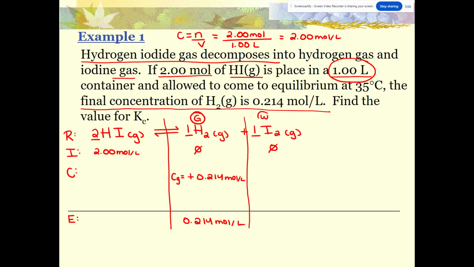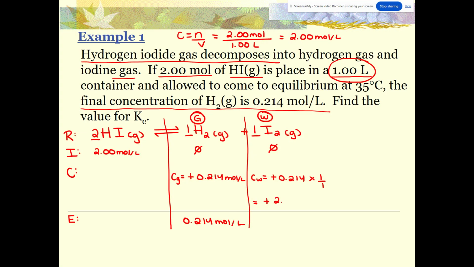Let's find my other product first. I know the concentration change that my iodine is going to go through. It's a product, so it's also going up. Products always go up by 0.214 times wanted over given. My wanted over given ratio here is 1/1.